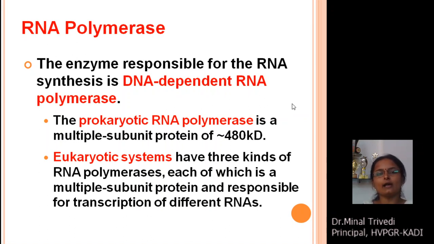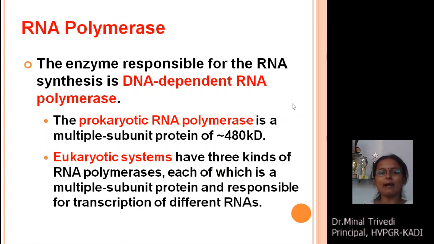This is also known as DNA dependent RNA polymerase, because from the strand of DNA, these enzymes synthesize the RNA molecule. The prokaryotic RNA polymerase consists of multiple subunits. So this enzyme is known as a multimeric enzyme, having an approximate weight of 480 kilodalton.